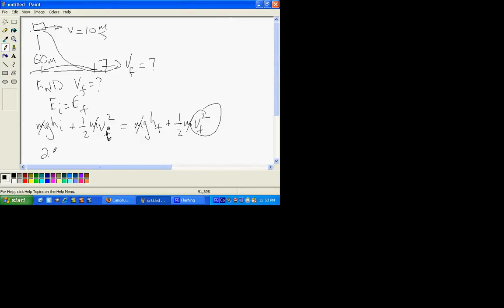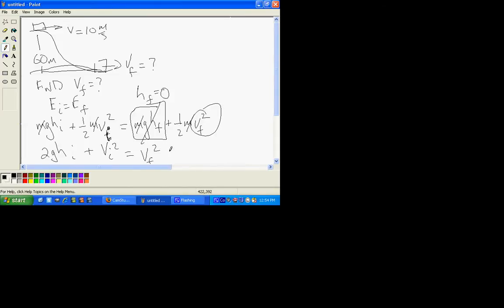So it ends up being 2gh initial plus v initial squared, and this term disappears because h final is 0. Therefore, the only thing left on the right hand side is our final velocity.